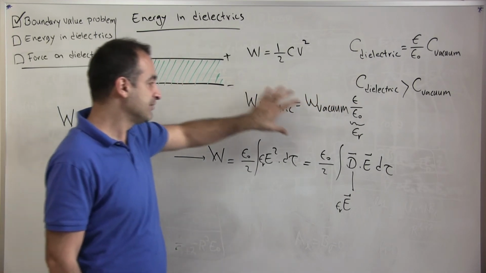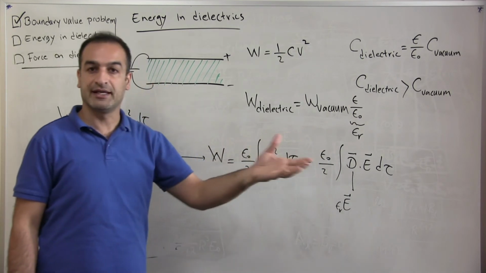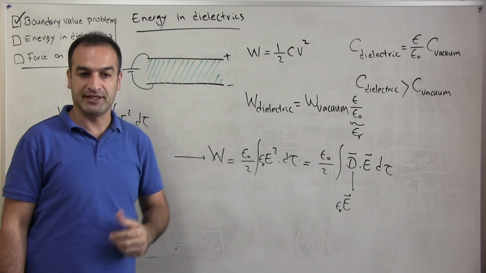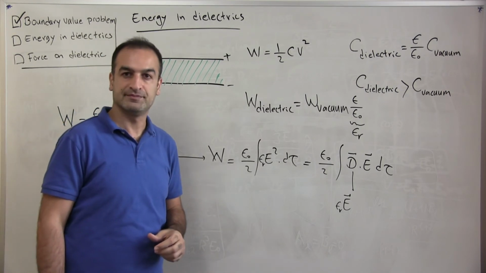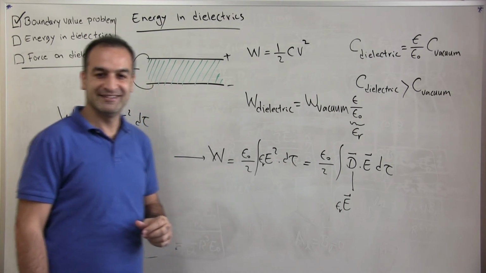And I want you to be able to connect that to the equations of how we can integrate the electrostatic field over the space to find the energy. Sounds good? Any question?